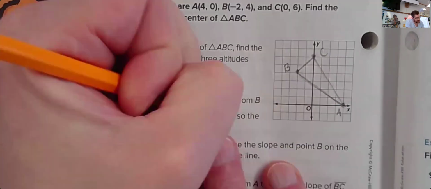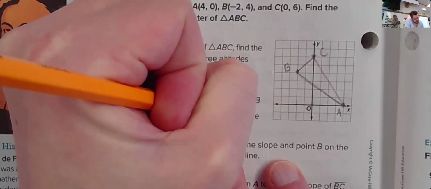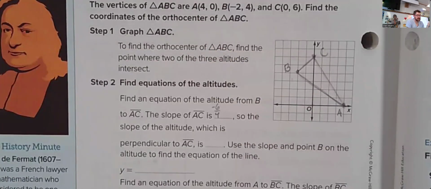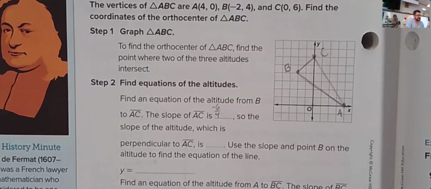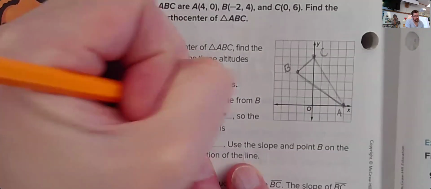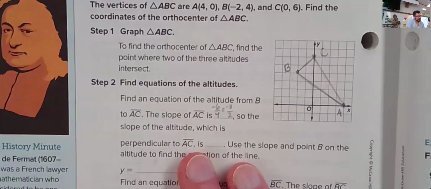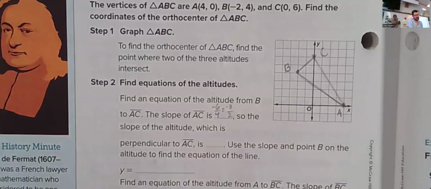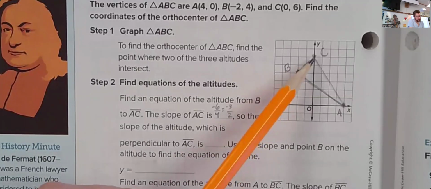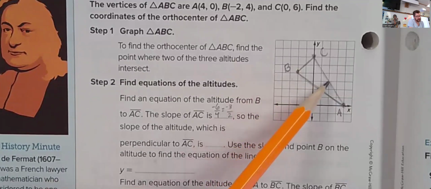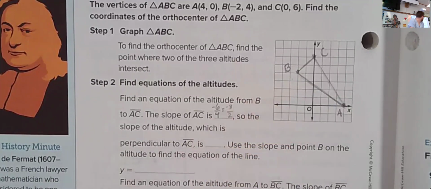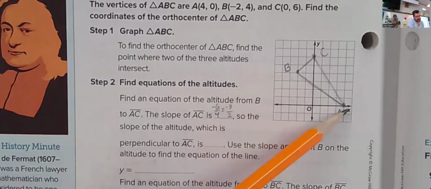So the fraction would be -6 over 4, but that reduces. What does it reduce to? -3 over 2. Good. Which means that every point on this line, if you count down 3, 1, 2, 3, and over 2, 1, 2, hey, look at that. There's another point right there on that line. So the slope of this line is -3 over 2.